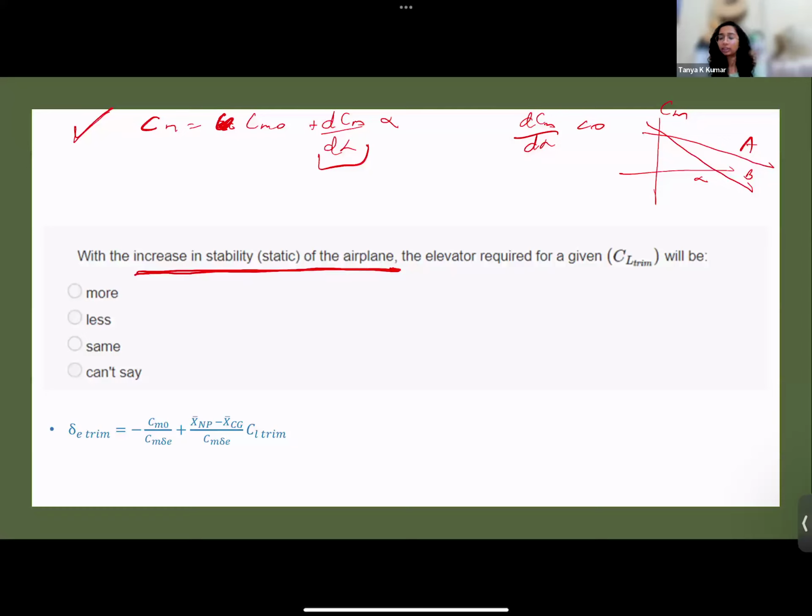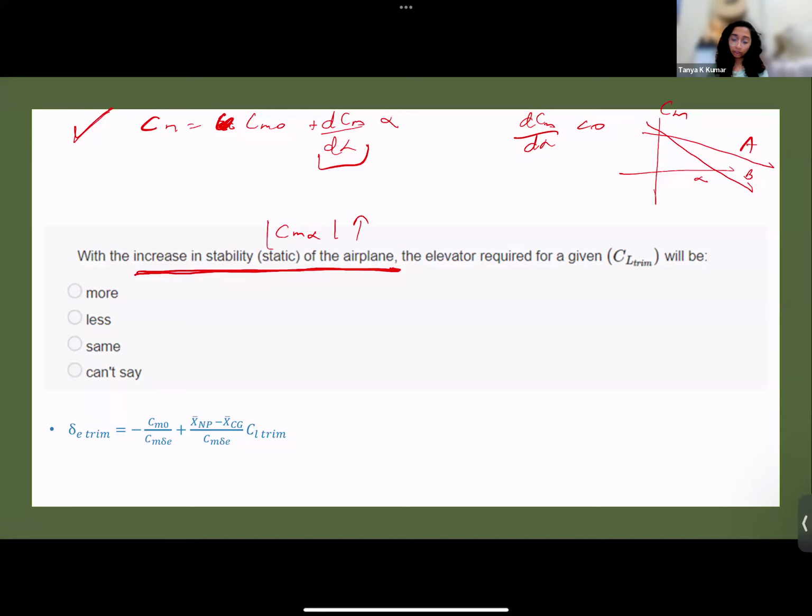From the graph drawn there, which aircraft is more stable? Aircraft B is more stable, correct, because your slope has a higher magnitude, it's more negative. So when I say there is an increase in static stability, what does it mean? CM alpha becomes more negative. The magnitude of CM alpha increases.